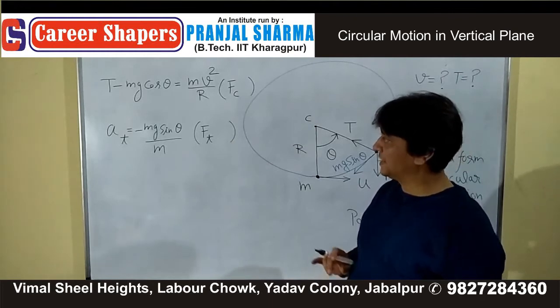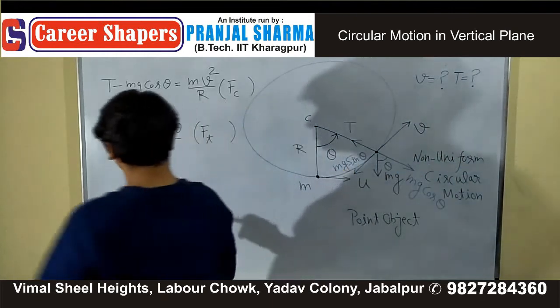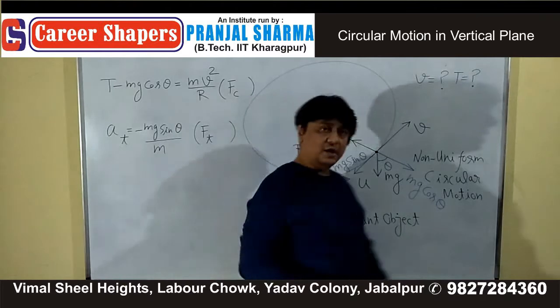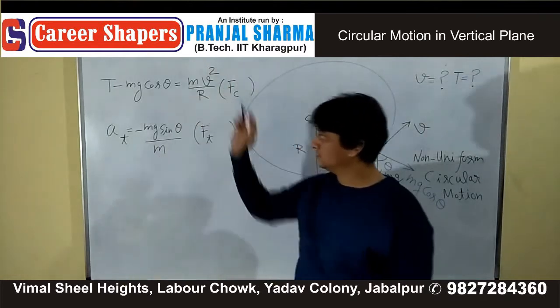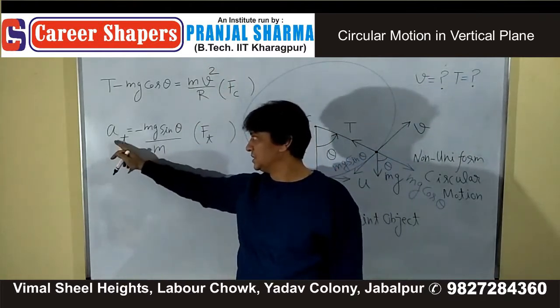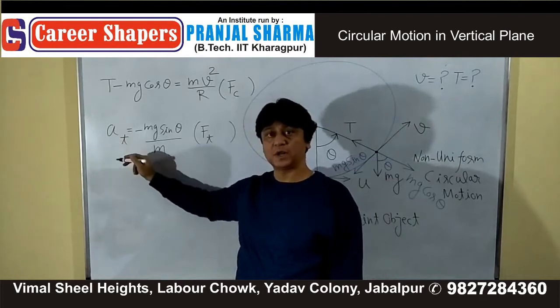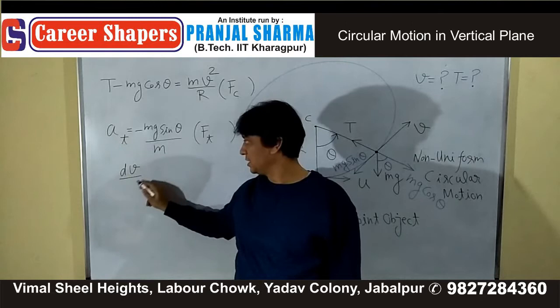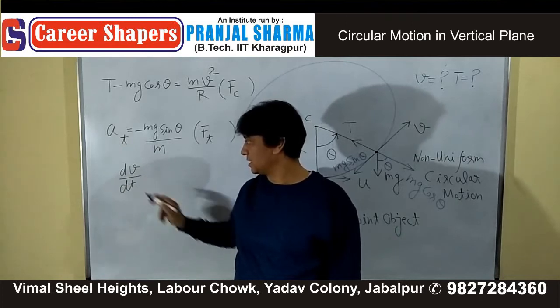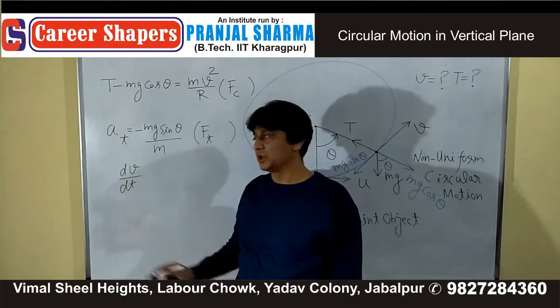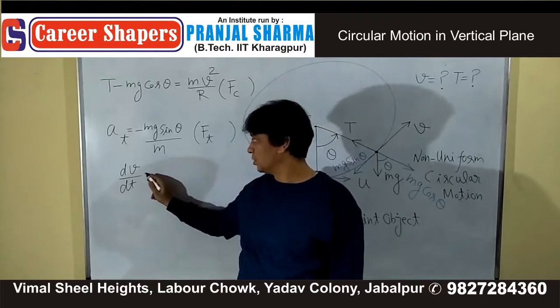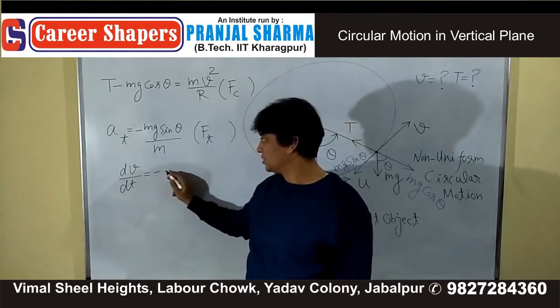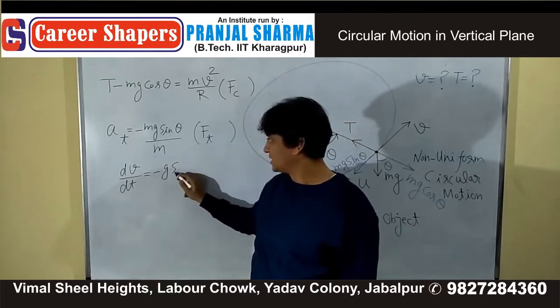Now, let's handle these equations. For the tangential equation, this is a_t. Now, what is tangential acceleration? dv divided by dt. That's tangential acceleration, which is minus of g sin theta.